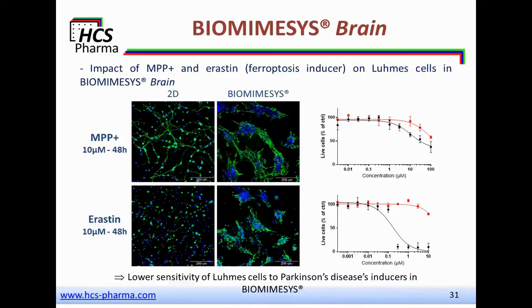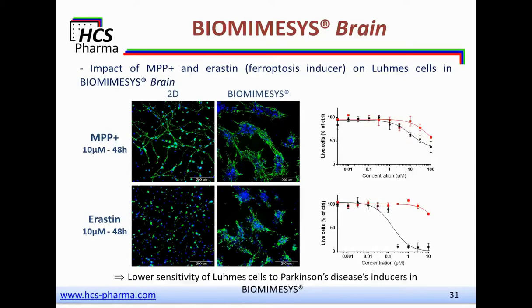We compared 2D and 3D culture in Biomimesis. We tested them at different concentrations to draw the curves, so the impact on cell death. And there is a little shift in the curve with MPP+, suggesting that a higher concentration should be achieved to induce cell death in Biomimesis.